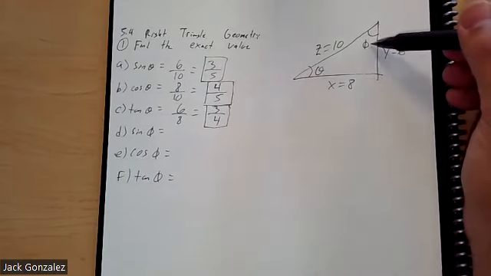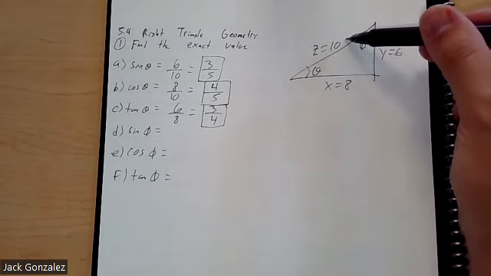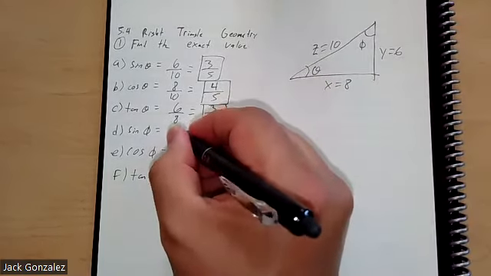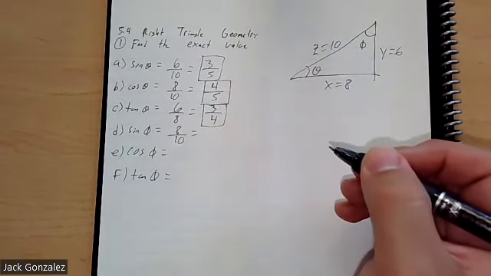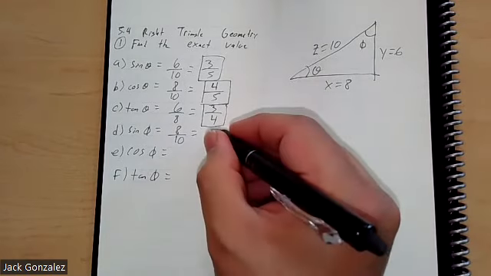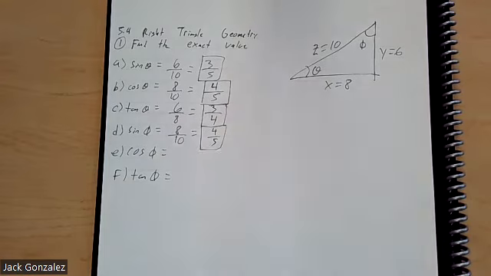So now we're up here. Opposite over hypotenuse. Cosine phi.